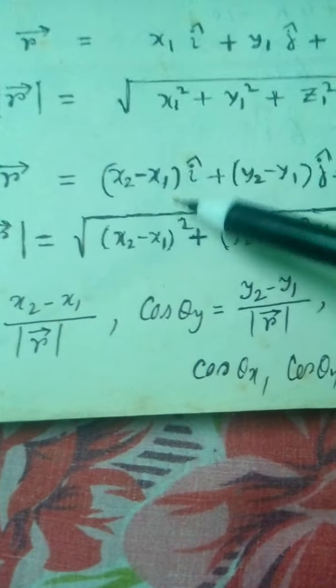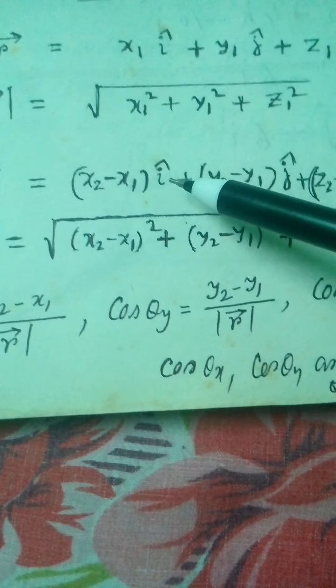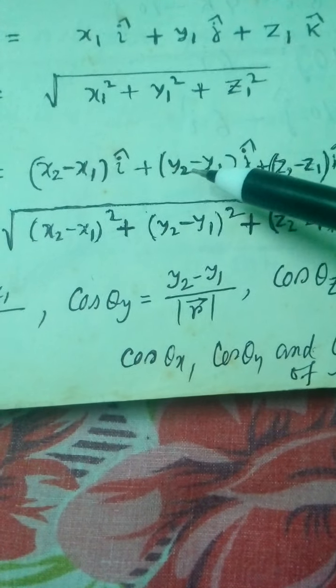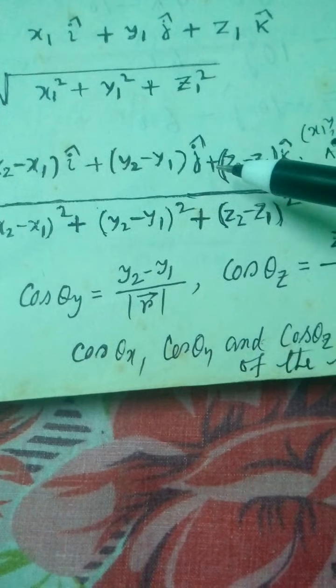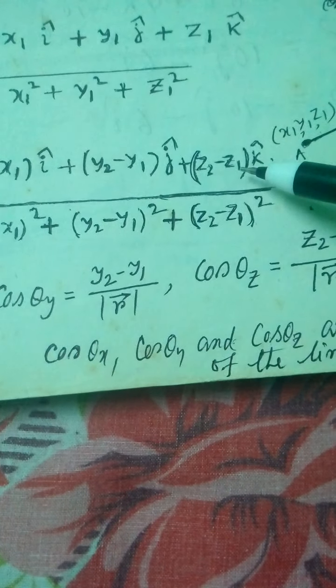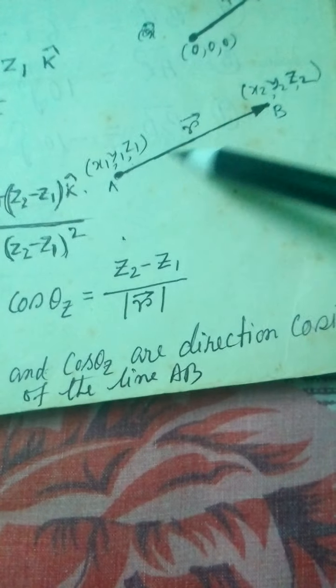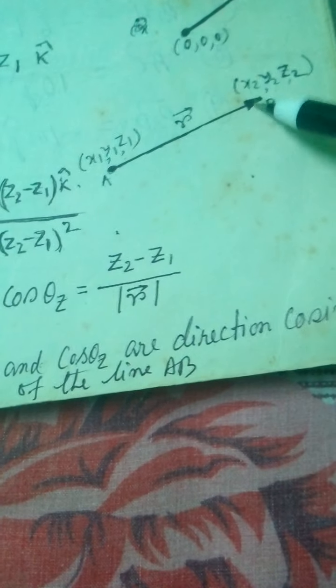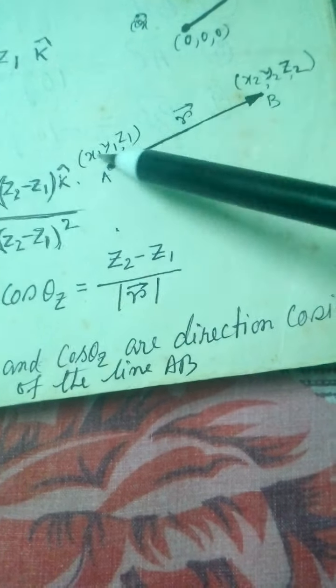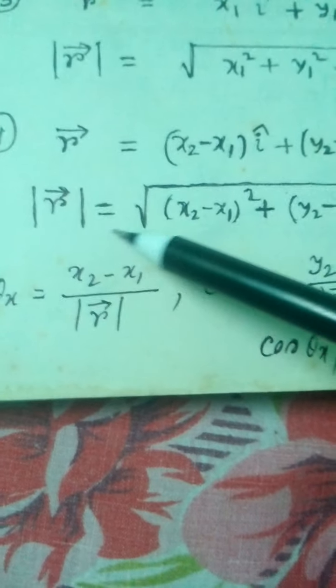Similarly, for 2 points, r vector would be equal to (x2 minus x1)i plus (y2 minus y1)j plus (z2 minus z1)k. Here you see, from this point to the arrowhead, so this minus this. Okay, so you know the magnitude of r is equal to this.